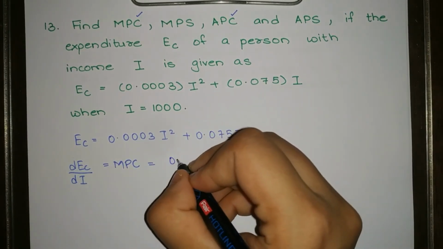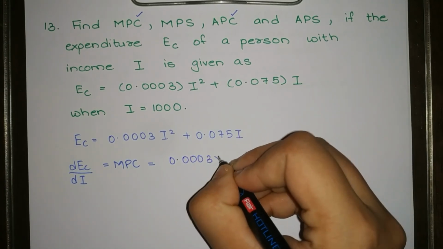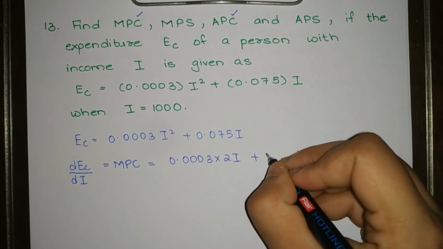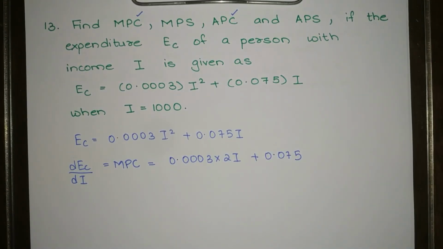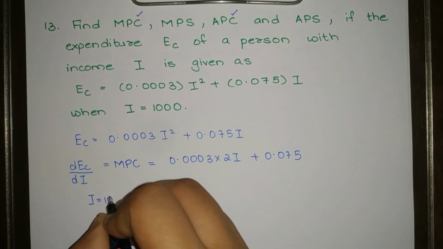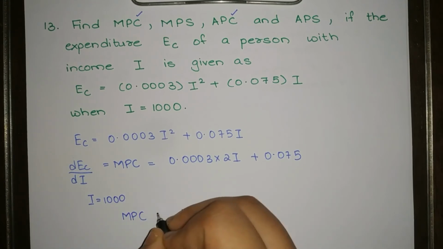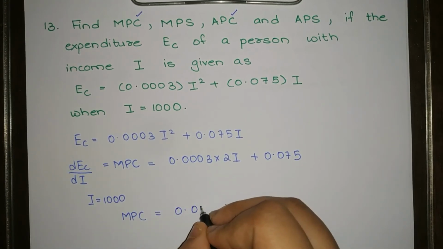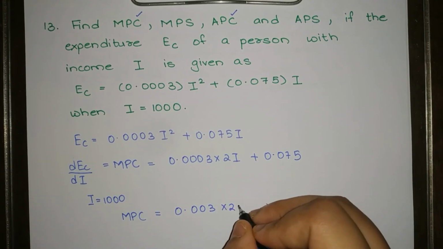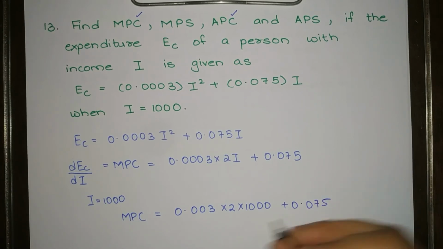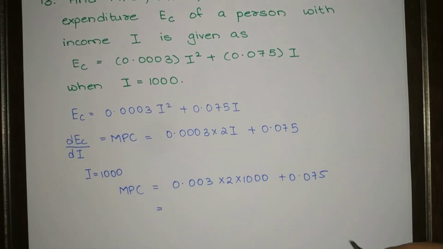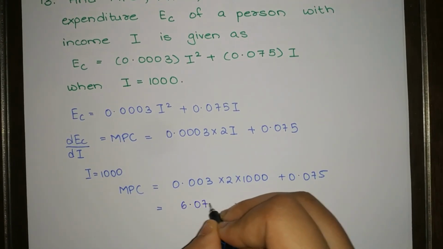So this is equal to 0.0003 into 2I plus 0.075. Okay. Now here I will substitute I is equal to 1000. In that case, MPC is equal to 0.003 into 2 into 1000 plus 0.075, which is equal to, so this becomes 6 plus 0.075, that is 6.075.